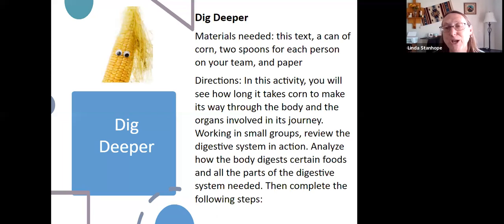And so I've got them working in groups, and they actually eat the corn. And they propose their hypothesis. They talk about every place that the corn is going to travel and all of the enzymes that are going to touch base with it, and estimate the time before they actually see any evidence of the corn. So it's actually pretty fun.